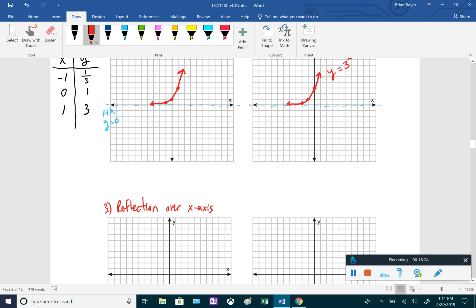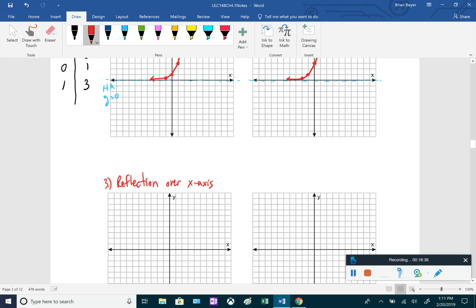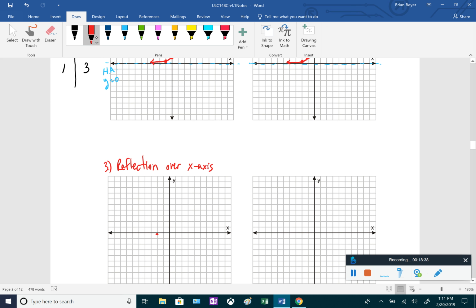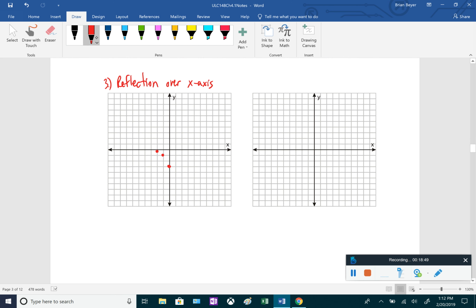We're going to take all of those values and reflect them over the x-axis. It's going to end up looking something like this. Essentially, we're just negating the y values. X values stay the same, we negate the y values. So connect these. And it looks like that. Once again, we still have this horizontal asymptote at y equals 0. Now this graph is y equals -3 to the x plus 1.